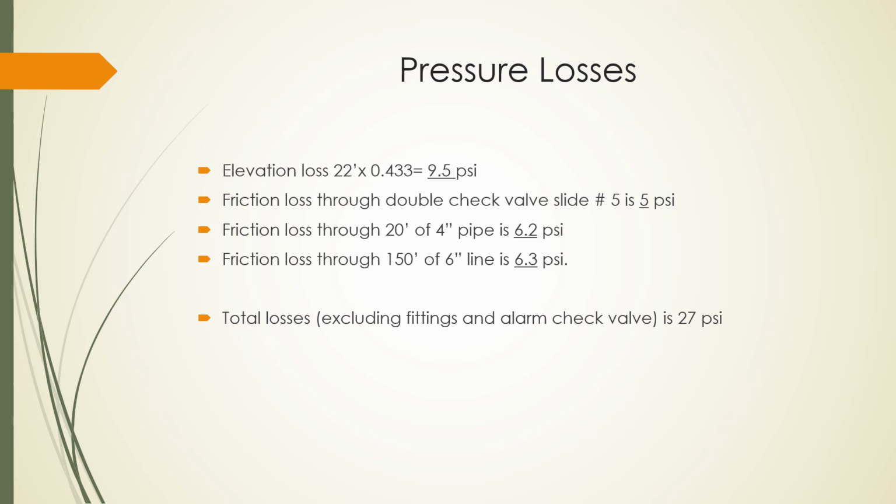Go back and look at slide 5 when you get a chance, and you'll see that the pressure loss through the double check when flowing 1100 is about 5 PSI. And then of course in the previous 2 slides, we calculated that the 4-inch pipe of 20 feet had a 6.2 PSI loss, and the friction loss through the 100 feet of 6-inch line had a pressure loss of 6.3. We add up all those losses, excluding fittings and alarm check valve, we get about 27 PSI.